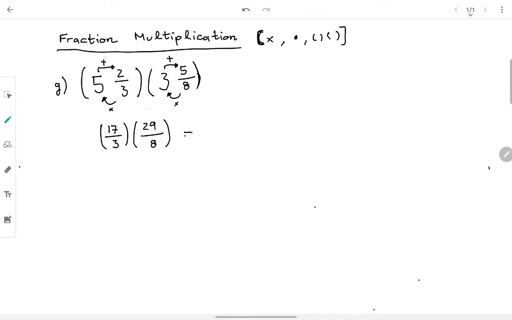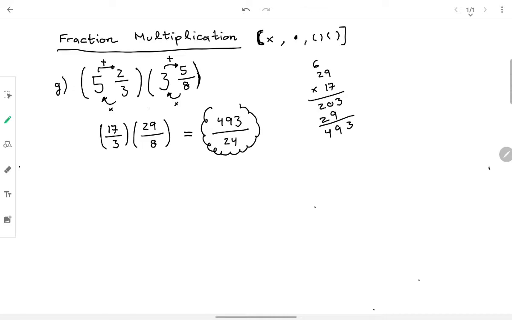That will give us 24 in the bottom part, and in the top part we will have 29 by 17. That will give us 493. So we will have 493 over 24. That will be our final answer.